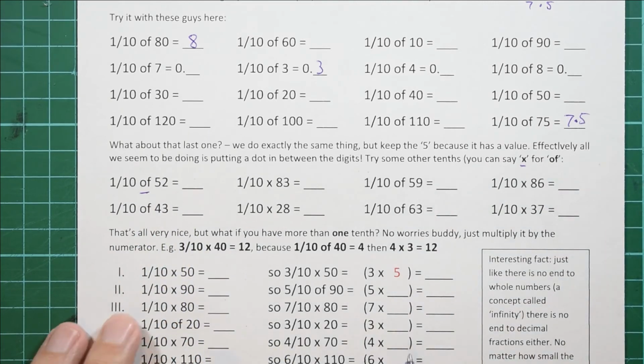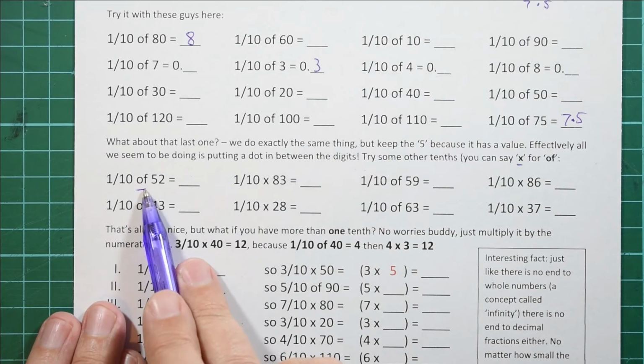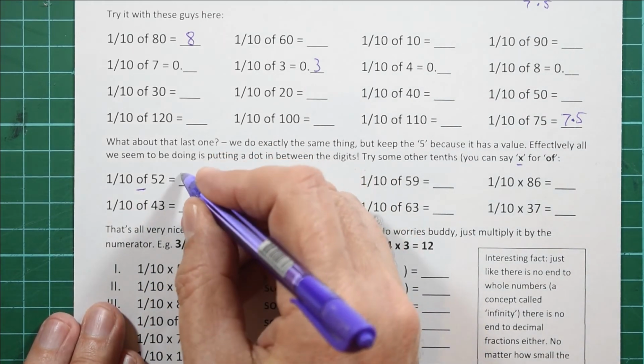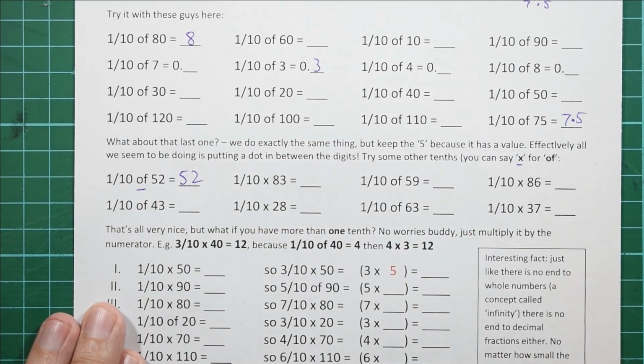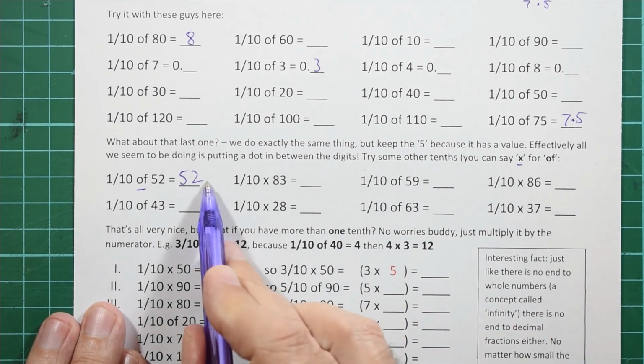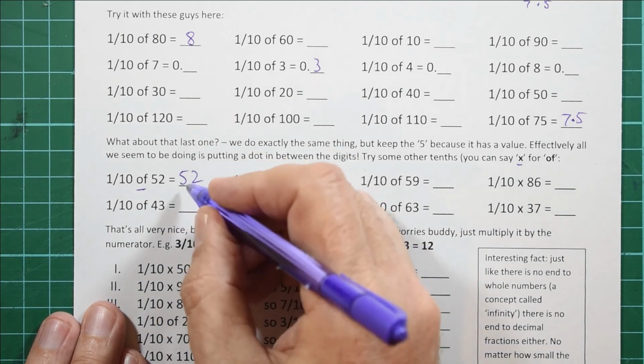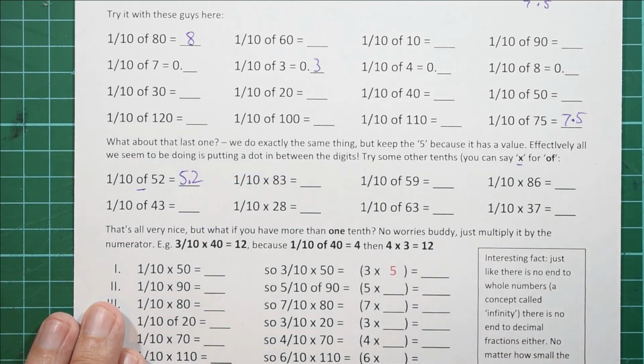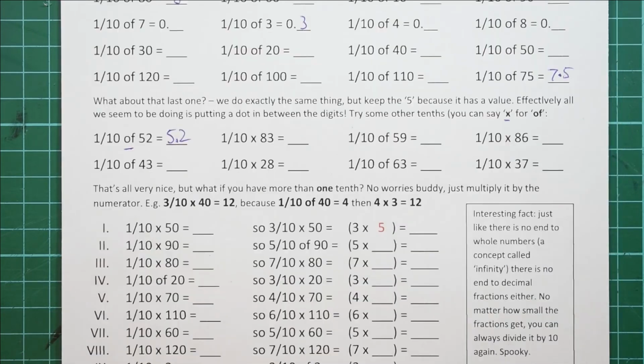Okay, just so we're clear on that one. So what is 1/10 of 52? Well, first thing I'd do is write down 52 and then say, well, if the decimal point was there, because I'm essentially dividing it by 10, move them across. Now it becomes 5.2. Very easy, and I'll leave you to carry on and do those ones in your own time.